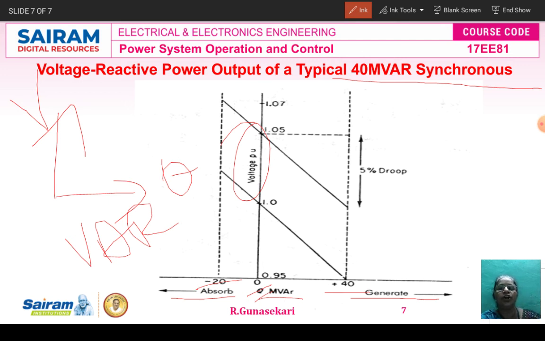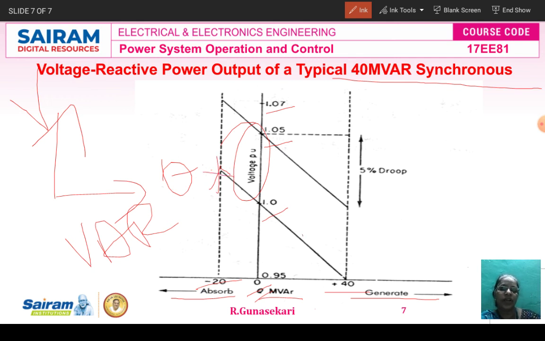You see the dotted lines. This is the 0, this straight line is the load. Here we have 1.0, 1.05, 1.07, the per unit values of the voltage. Take first this curve only.